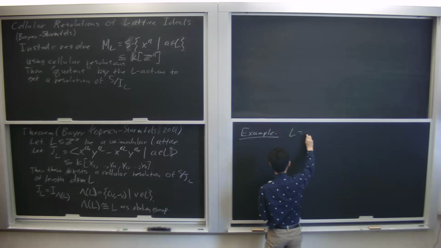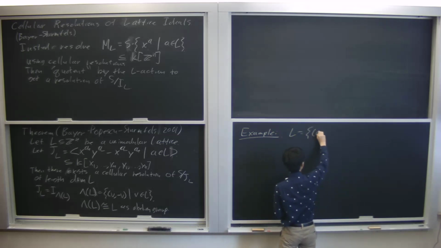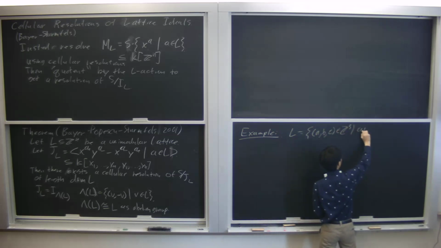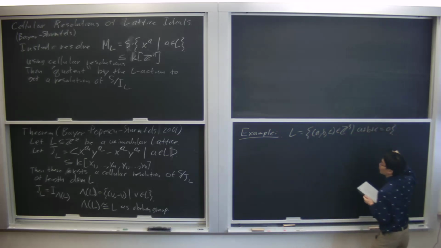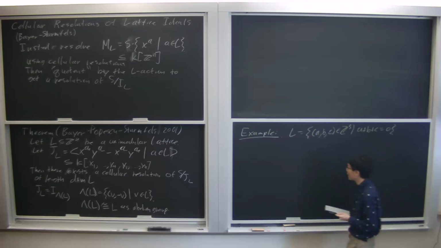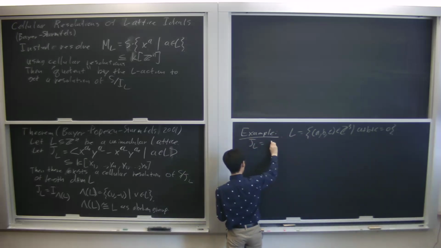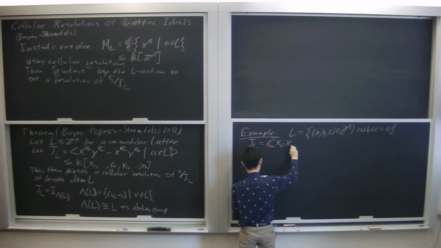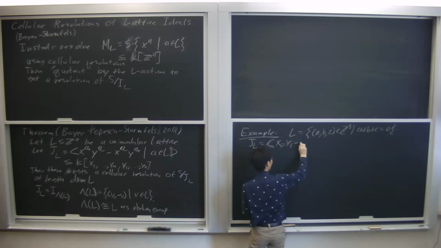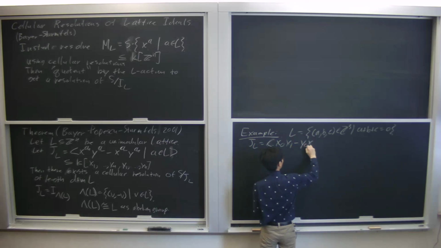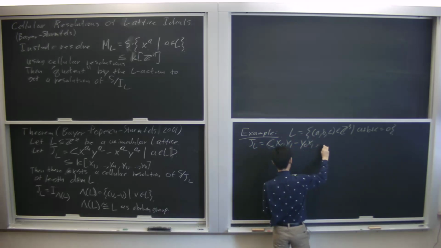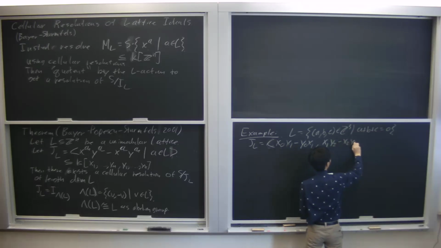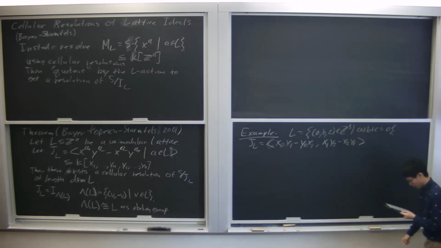In this case, I'm going to present my lattice as equations because it's simpler for this one. 3A plus B plus C equals C. My lattice, and my ideal J_L, is going to be the ideal generated by x0 y1 minus y0 x1, and x1 y2 minus x2 y1. Not being silly, right? Yeah.